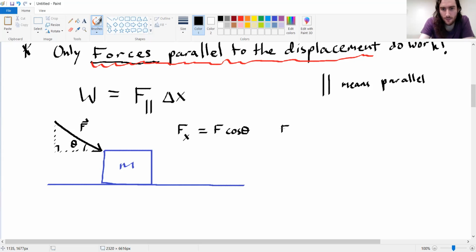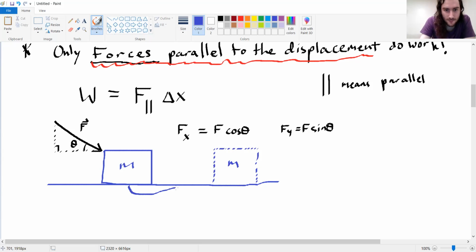And the y component is magnitude of the force times sine theta. Okay, so while you're copying that down, let me go ahead and kind of get the dotted line box in here.